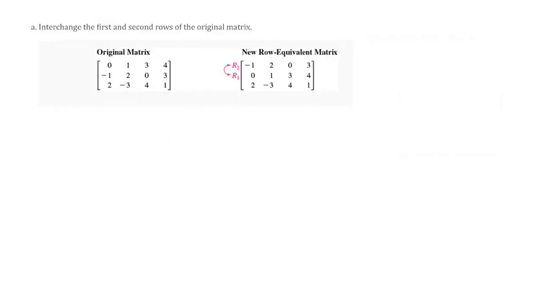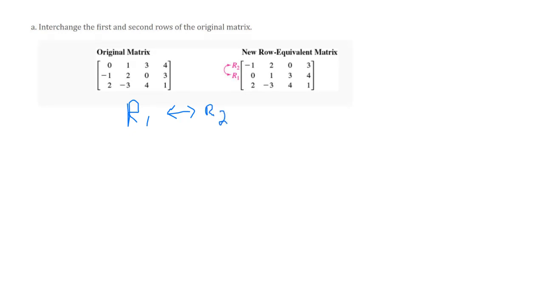All right, so let me give you an example of interchanging rows. If you see this matrix here, I have row 1 is 0, 1, 3, 4, and row 2 is -1, 2, 0, 3. So what I can do is say row 1, I want to interchange that with row 2.